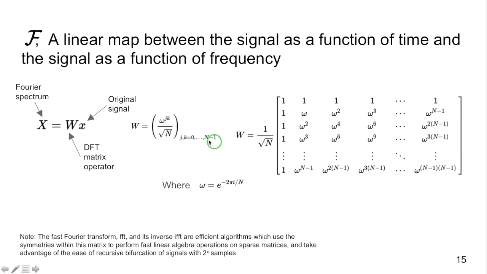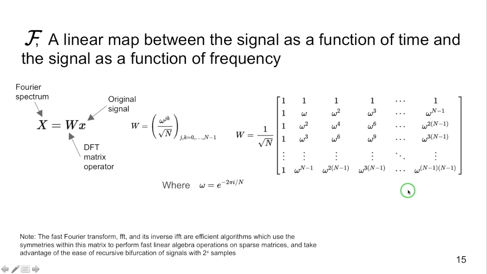This is the tight representation of that operator, where omega is e to the negative 2 pi over big N, which again is just the number of total samples. And if we expand this out into what the matrix would look like, it looks like this.